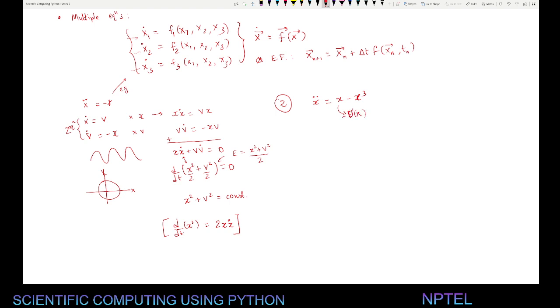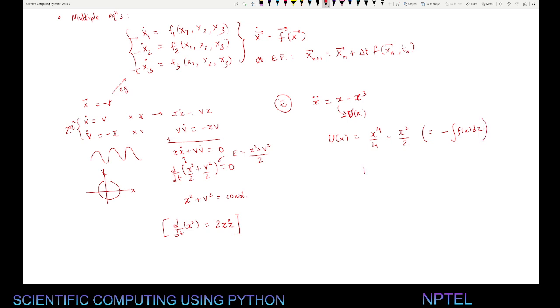So this is force, so minus u dash of x. Then u of x will be the integral of this, the potential, which will be x to the power 4 divided by 4, I guess, yeah, and minus x square by 2, right? How do we get it? So minus integral of f x dx.